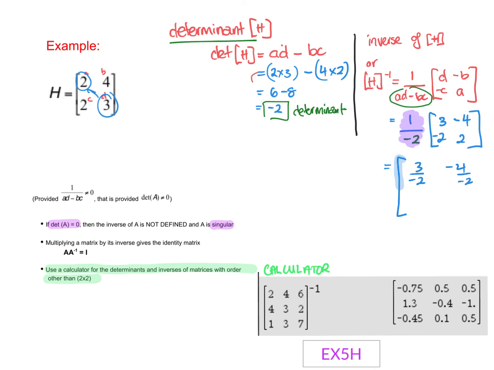All right, someone got a bit lost there, so what I'm doing is I'm doing negative 1/2 times the 3, negative 1/2 times the negative 4, negative 1/2 times the negative 2, and negative 1/2 times 2. And if we tidy that up, we end up with 3 over negative 2, negative 4 over negative 2, negative 2 over negative 2.